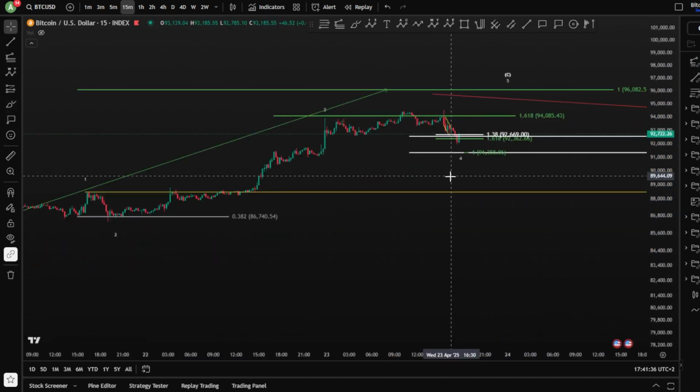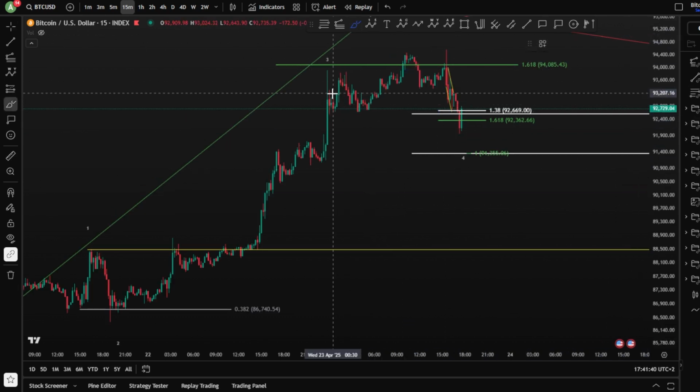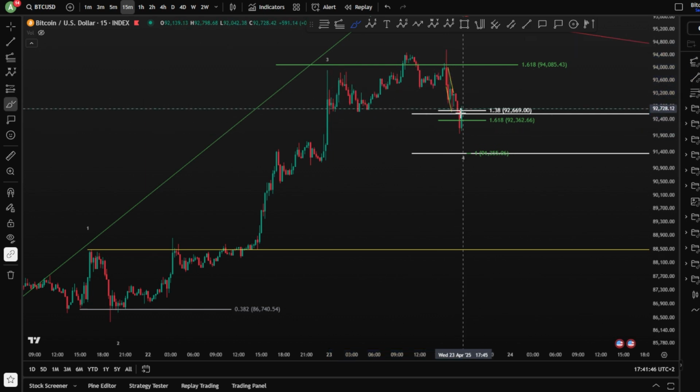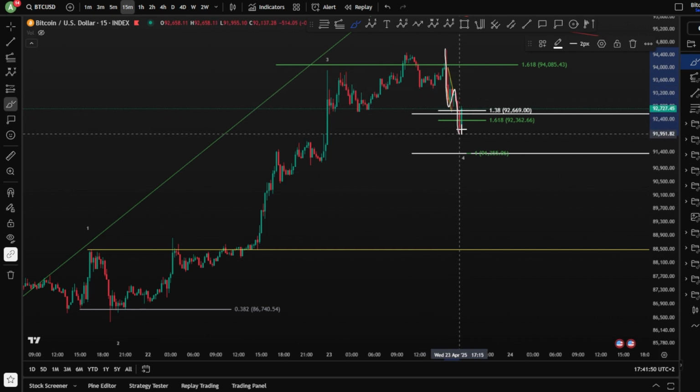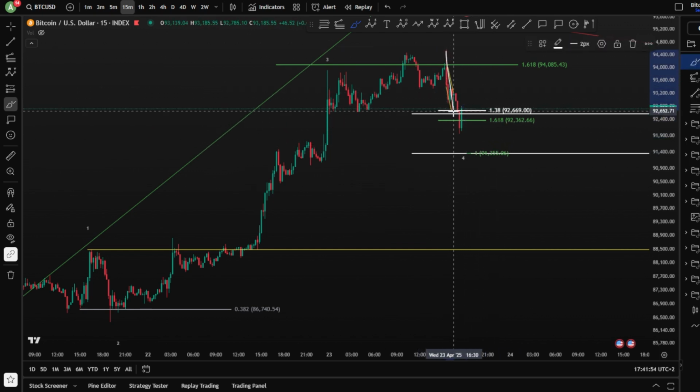As you can see on the 15-minute chart here, we have potentially finished 3 waves down, 3 waves up, and then potentially you're looking here for very tricky price action. We are looking at a potential 1, 2, 3, 4, 5, but it can be an ending diagonal that we are looking at.